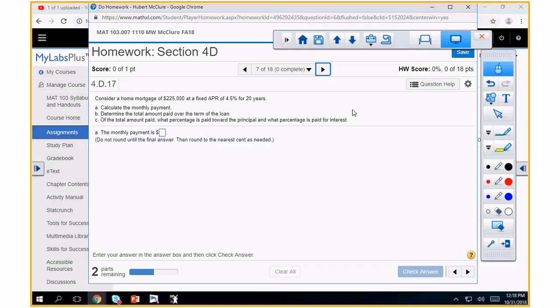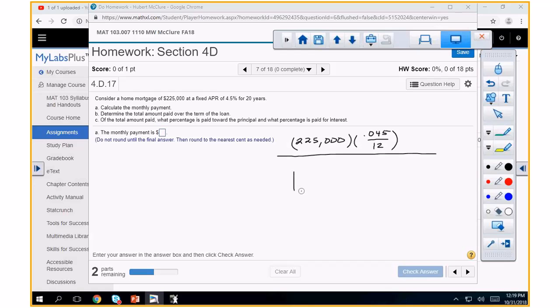So, P is 225,000, times R, 0.045, over 12, over 1 minus, and remember I'm going to put mine 1 over, what is it, 1 plus 0.045 over 12, and that's raised to the what?